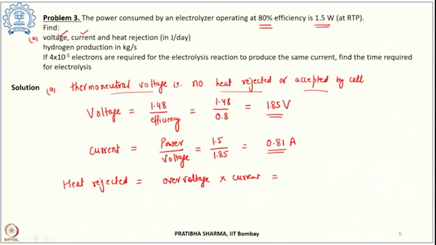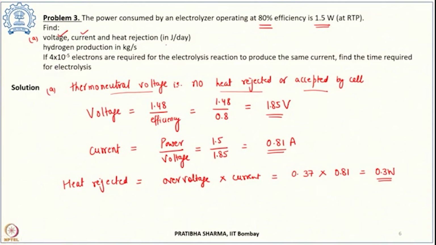So the overvoltage here is the difference, and that is 0.37 volt times the current 0.81 amps, and that makes it 0.3 watt. So this much amount of heat is rejected by the electrolytic cell.